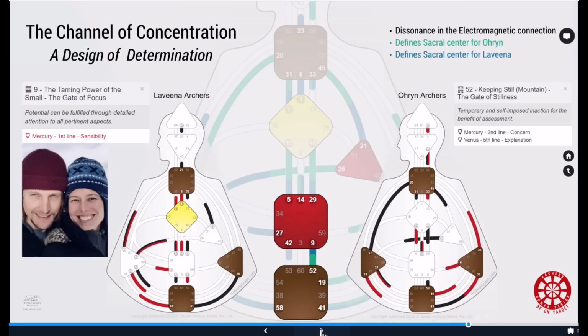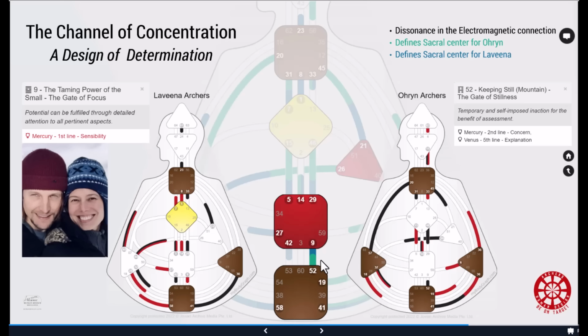So now we have the channel of concentration, a design of determination. Remember, Lavina, you are very sensible with the practical focus of the details, the next step in the logical pattern. And with Oren, what happens is that his concern and his explanation leads you to be able to sit still and concentrate. And with him, you have your ability to respond, to have this detailed focus when you're discussing future matters.